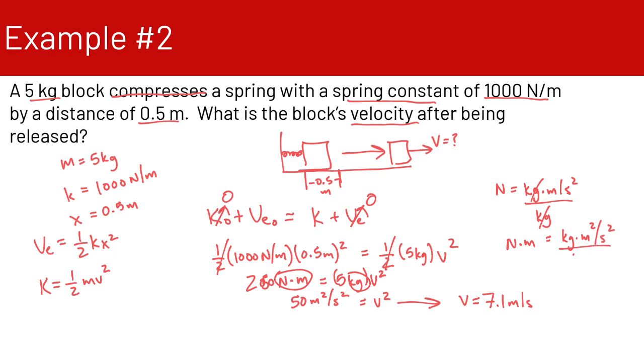When we divide by kilograms, we get rid of the kilograms, and we're left with meters squared per second squared. Then we take the square root of that and we just get meters per second. So the velocity of the block after being released by the spring is 7.1 meters per second.